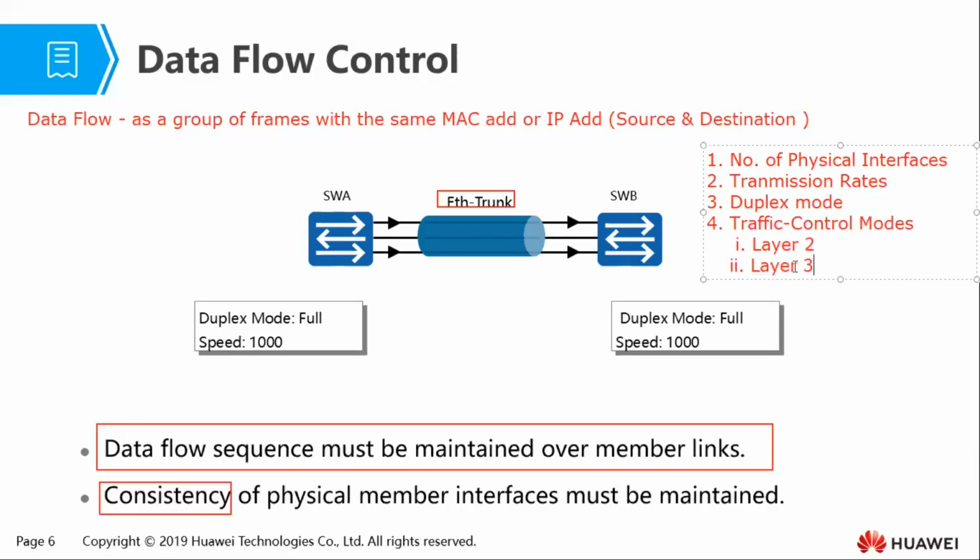Layer 3 interfaces forward data based on IP addresses. Layer 2 interfaces only understand MAC addresses. So you cannot add a layer 2 interface to an Eth-Trunk with a layer 3 interface. That is what we call the traffic control mode. That also has to match on both ends. So I hope that is clear.